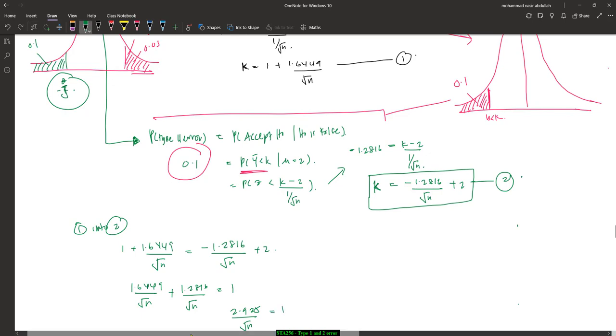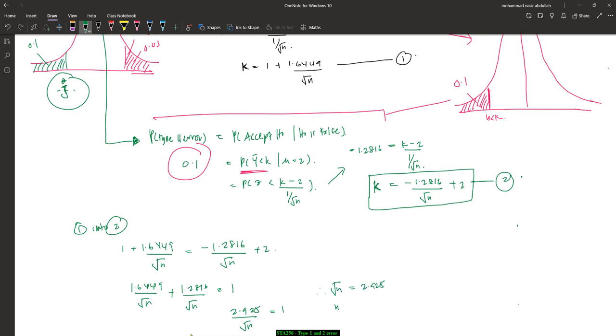So you can say that square root of n is equal to 2.925, and the square of this should be 8.55556. And sample size cannot be in decimal point, should be a whole number, so it should be equal to 9.